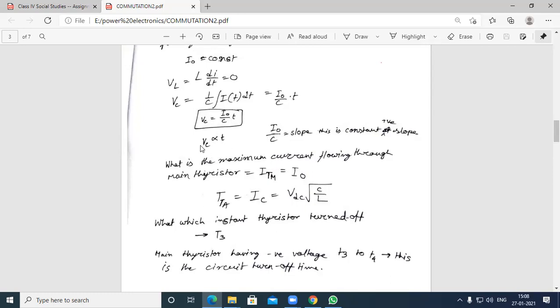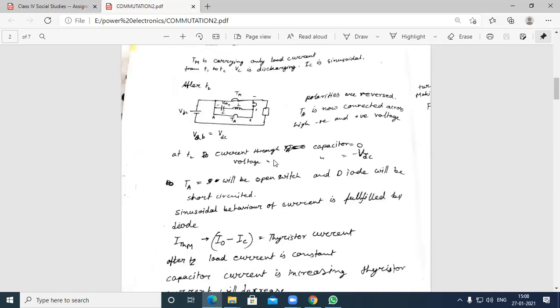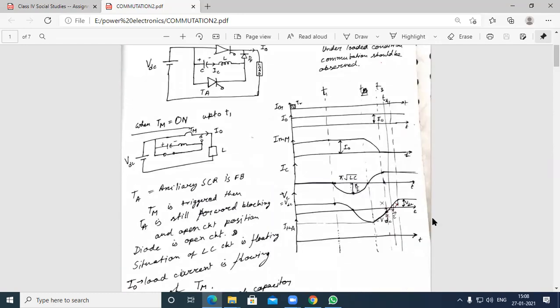You can see Vc is proportional to time, and I naught by C is the slope. This is the constant positive slope that you can observe in this case.